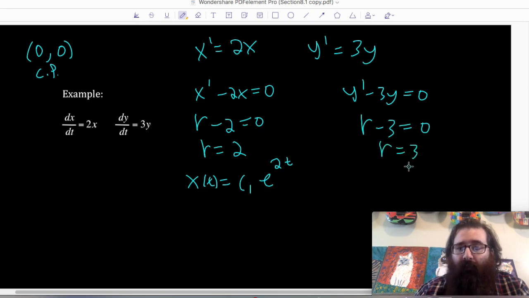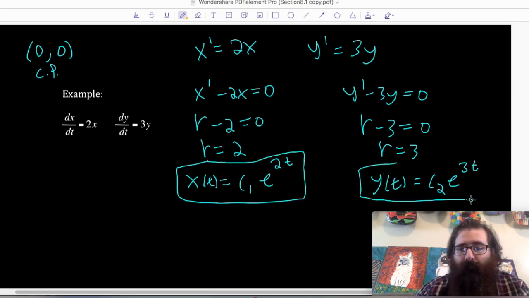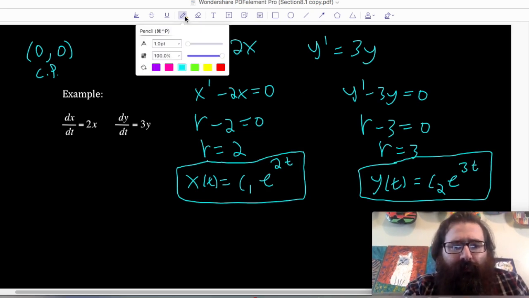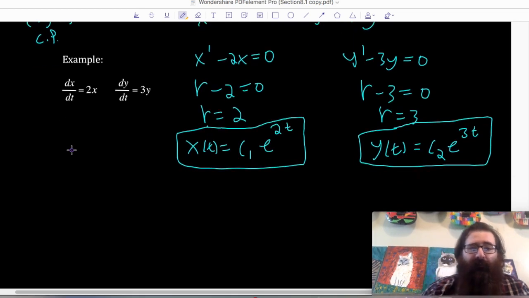So then r equals 3. So that y at t is some constant c sub 2 times e to the power of 3t. Now, once we build these general solutions, this is where we really like to look at what happens as t goes to infinity.